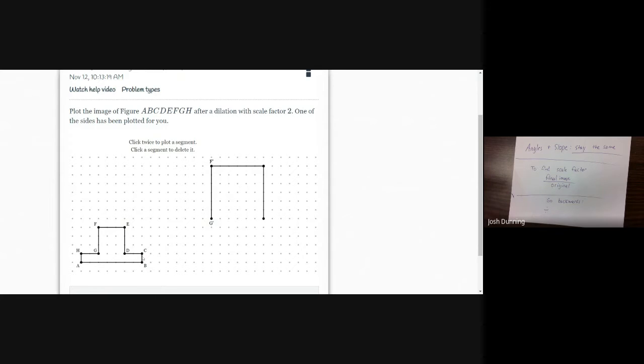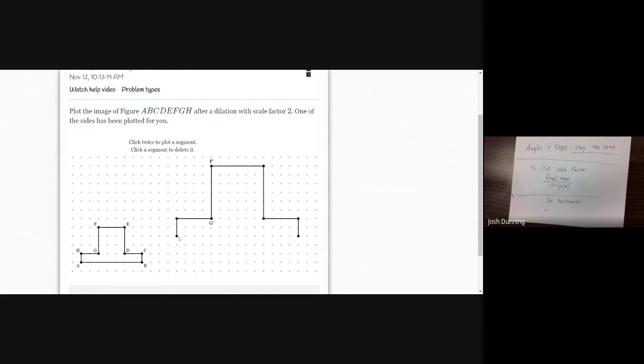D to C is 2. 2 times 2 is 4. 1, 2, 3, 4. CB is 1, so we'll go down 2. And now we could count the whole bottom and then just double it. I'll do HG, though, which is 2 originally. So 2 times 2 is 4. 1, 2, 3, 4.